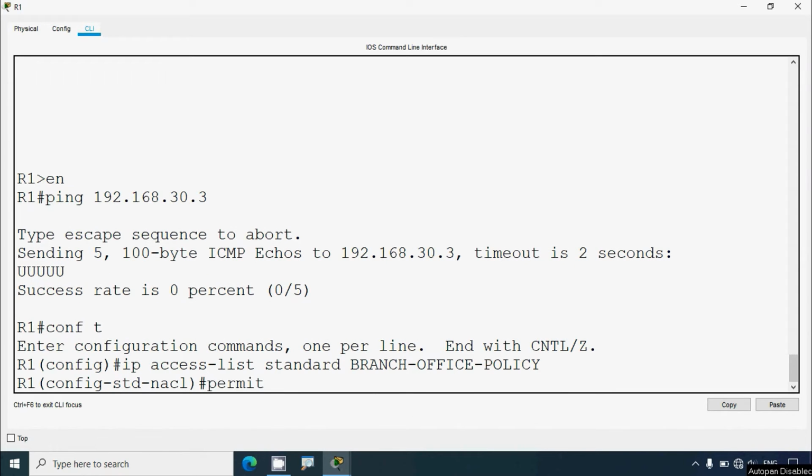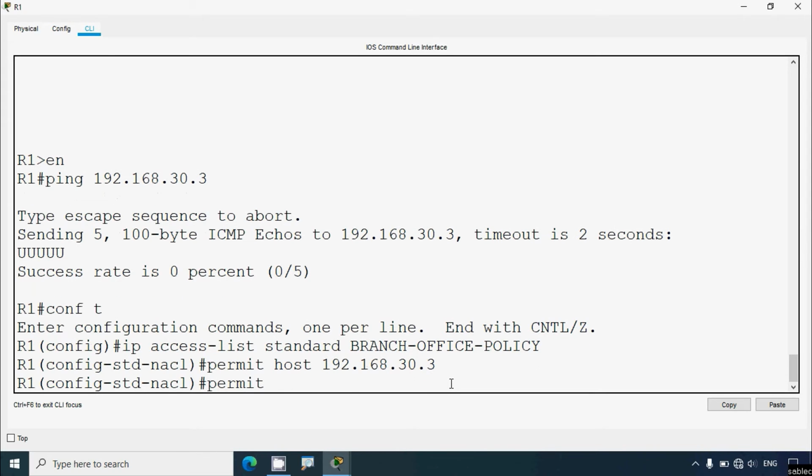Then we will permit host 192.168.30.3. This is the IP address of our PC-C. Then press enter. Also we will permit the network 192.168.40.0, then wildcard mask 0.0.0.255.